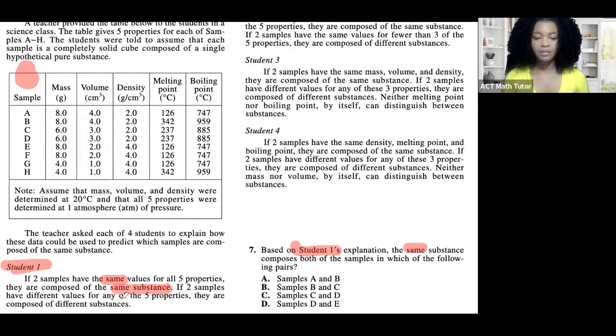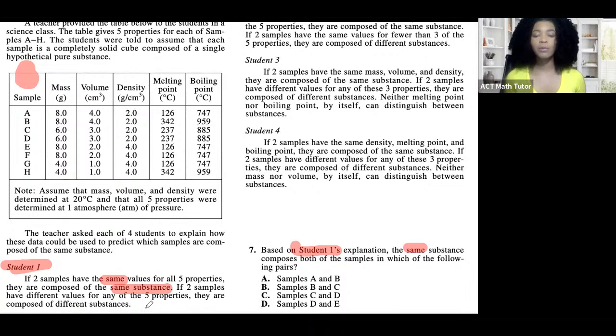Same substance, I see same substance composes. So we're on the right track, but this student said all 5 properties have the same values. That's probably going to mean something in a second when I get to the chart. Student 1 continues, if 2 samples have different values for any of the 5 properties, they are composed of different substances.